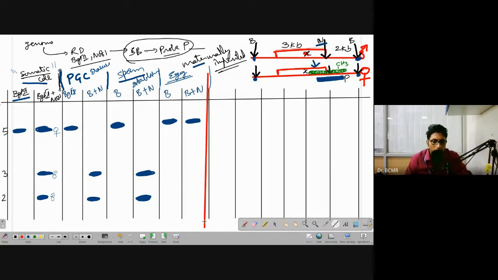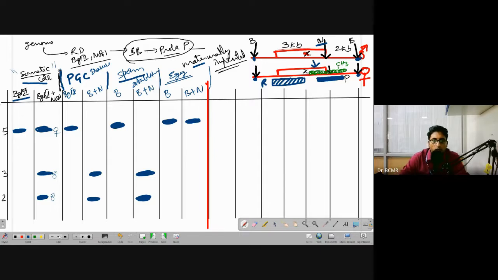The change is that I'm going to have a new probe, and I'm calling that probe R. The experimental setup is the same as what we have discussed before.